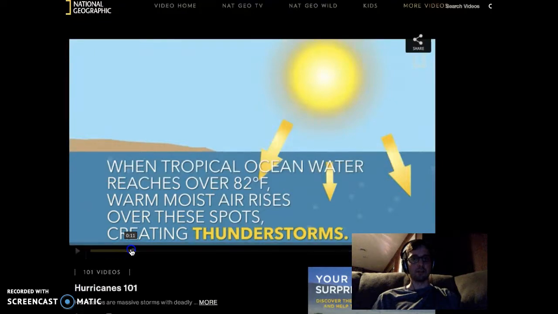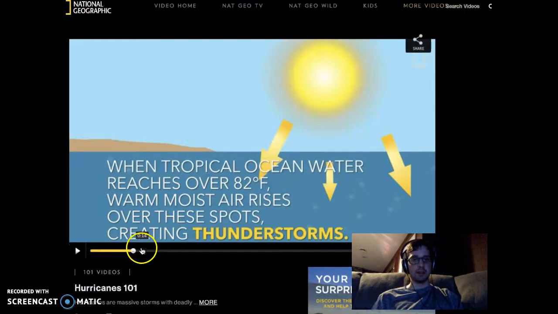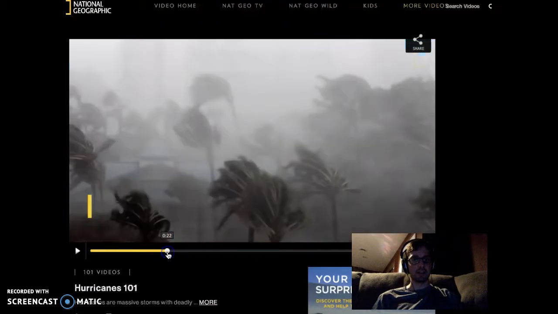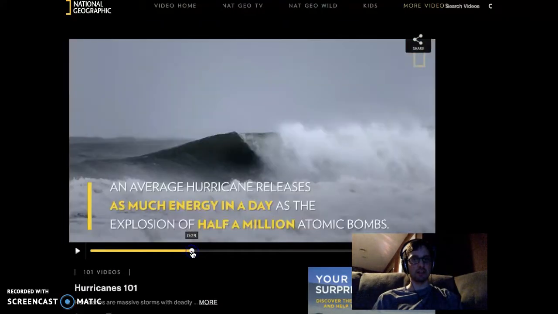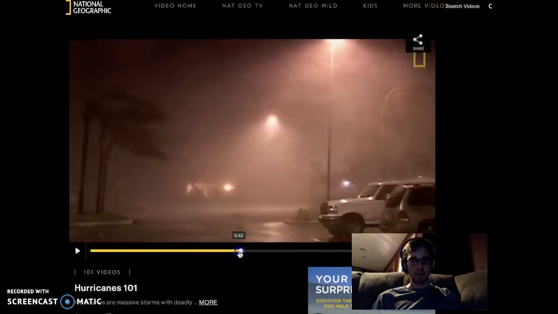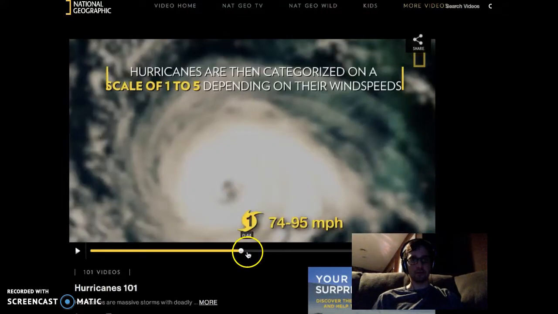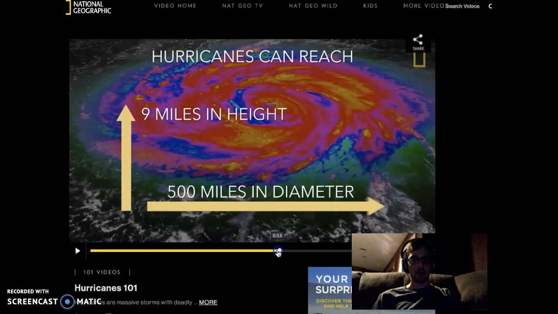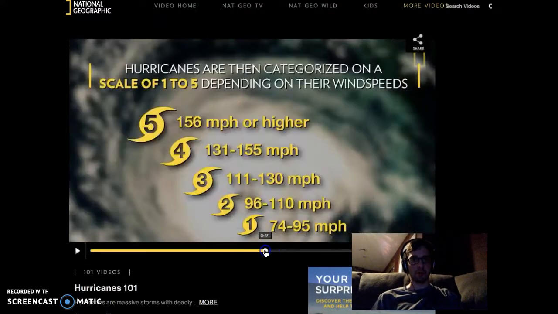When warm water reaches 82 degrees, it rises and creates thunderstorms and then can lead to devastation, and releases a lot of energy, 500,000 atomic bombs, and sort of the different categories, one, two, three, and four. Going over those, I think, is really important. Different scales and different things like that.